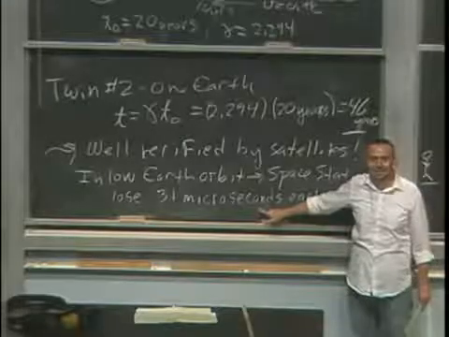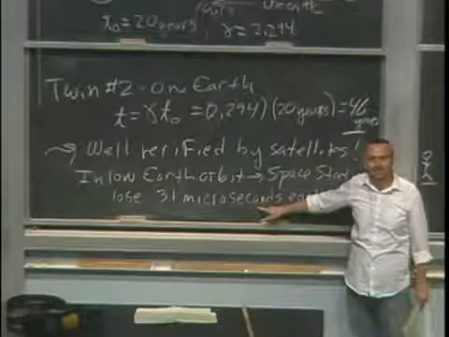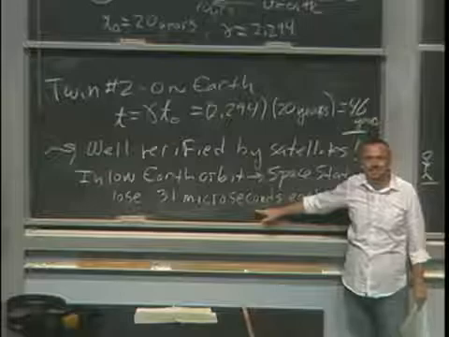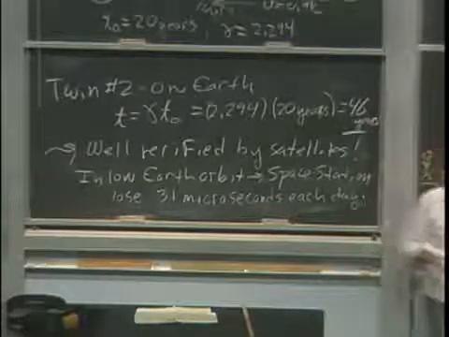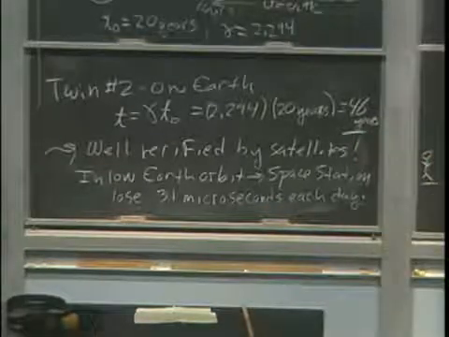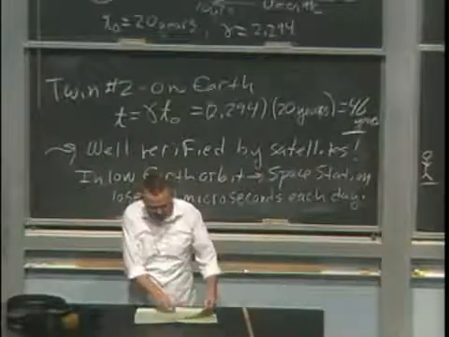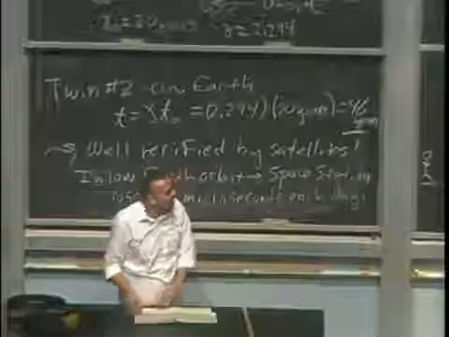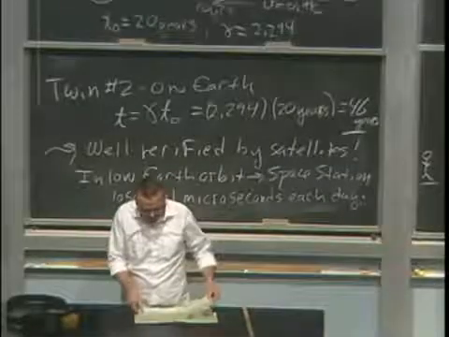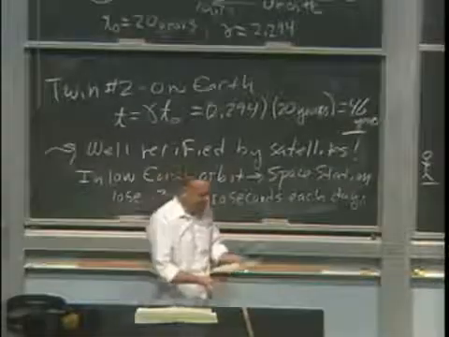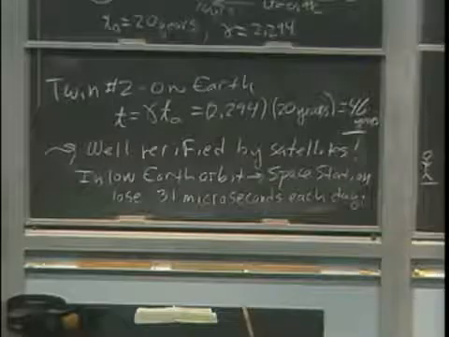I think it was a surprise for the early satellites when they figured out that, wow, time was really traveling differently for them. We have to take account of special relativity to really understand their motion. Okay, big effect. Other effects of relativity.